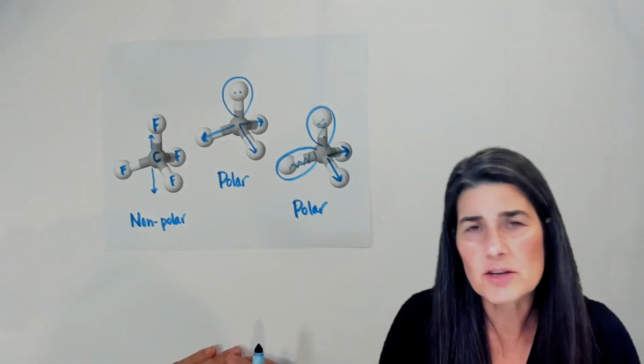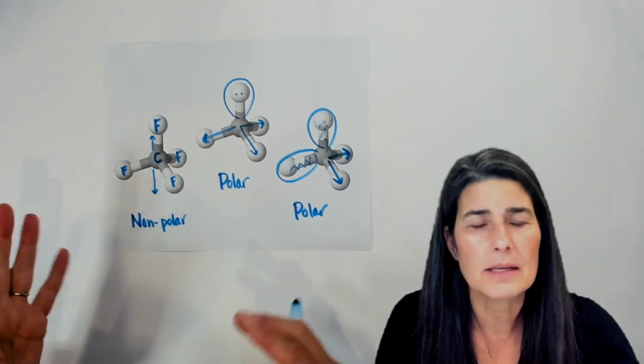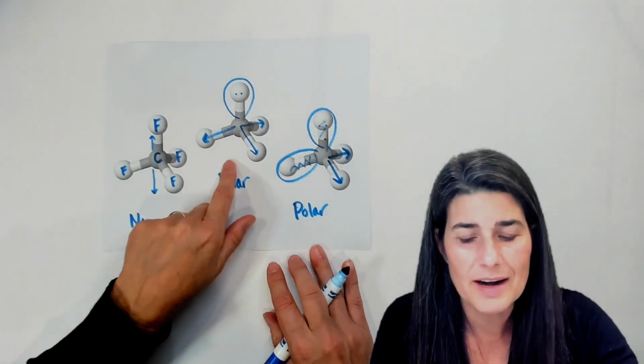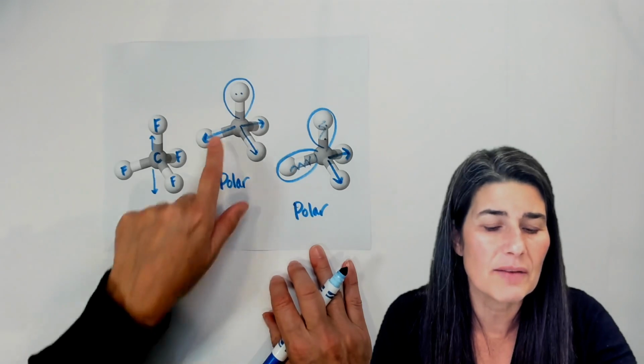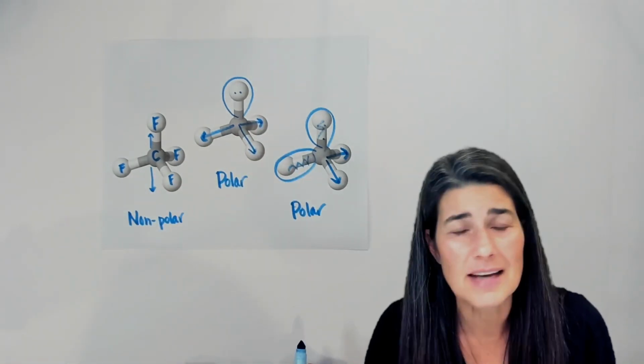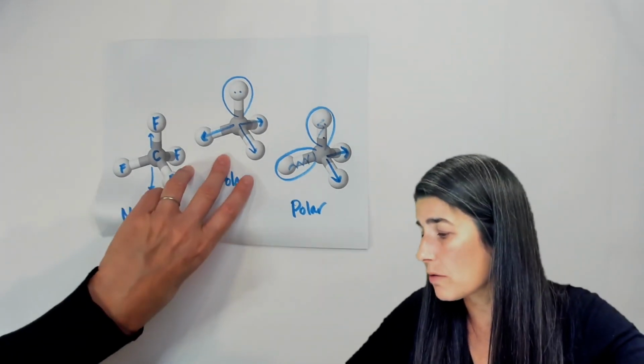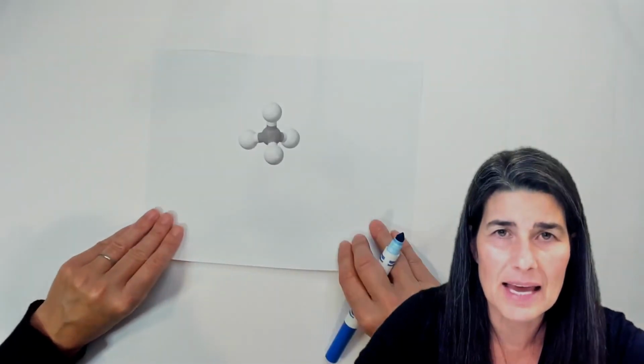So for tetrahedral structures, if everything is the same on the outside, nonpolar. However, if we're not symmetrical, if we have either one lone pair or two on this particular structure, it's not symmetrical, it will be polar. Also watch out for tetrahedral structures where not every atom is the same.